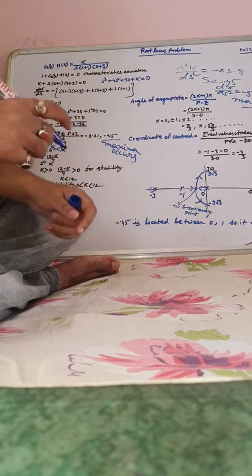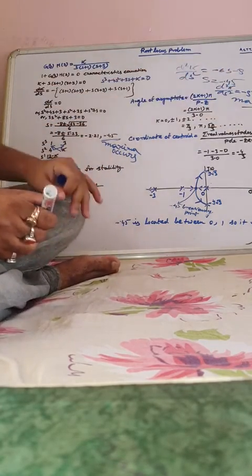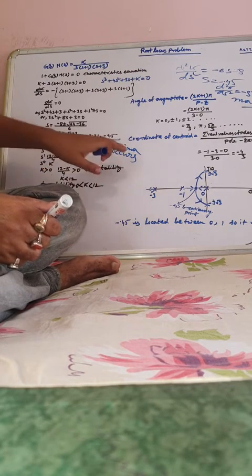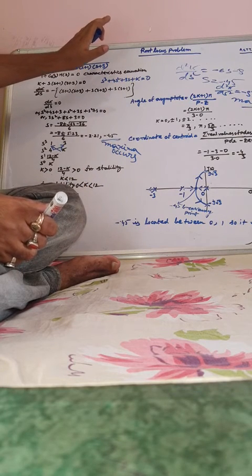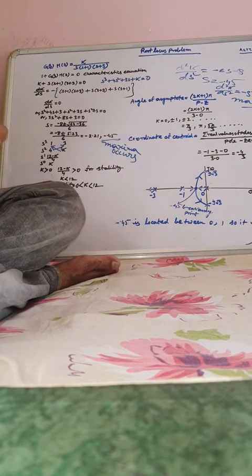Since it has a value less than 0, maxima occurs, so this is the breakaway point. So you have understood what a breakaway point is, and this is your root locus plot. Tomorrow we will solve another problem similar to this problem.